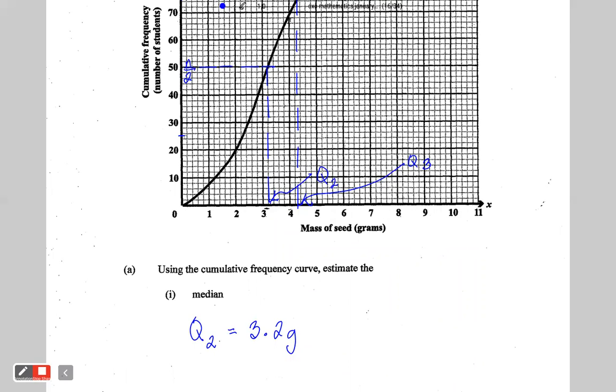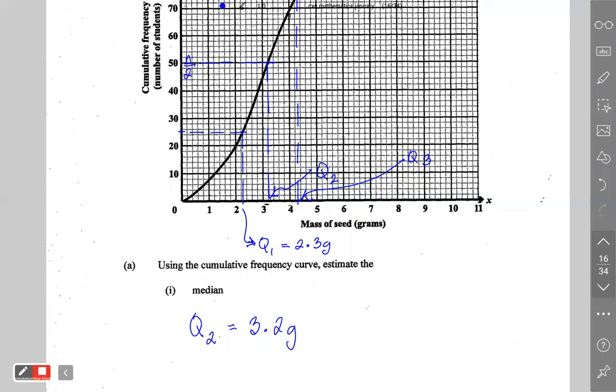At 25, I'm going to draw a horizontal line across until it hits the curve, and where it hits the curve, I'm going to go down. This would be Q1, and my Q1 looks as if it is 2.3 grams.